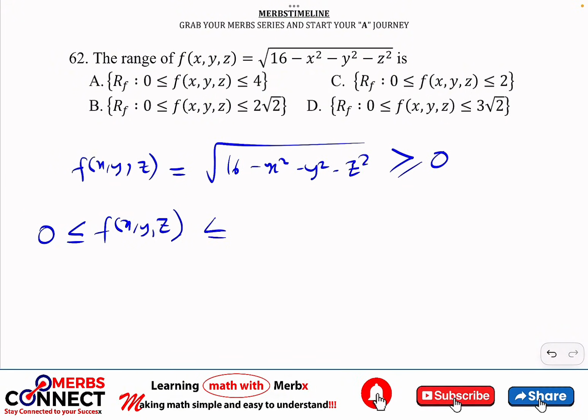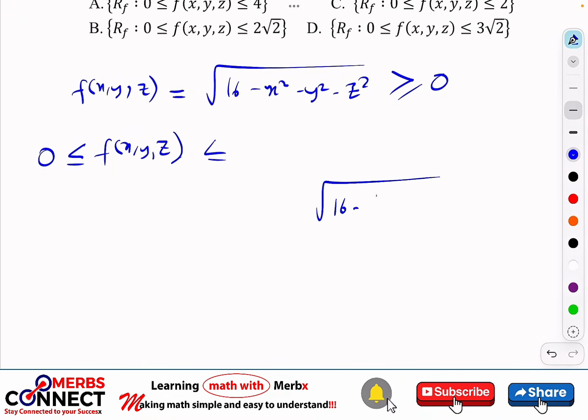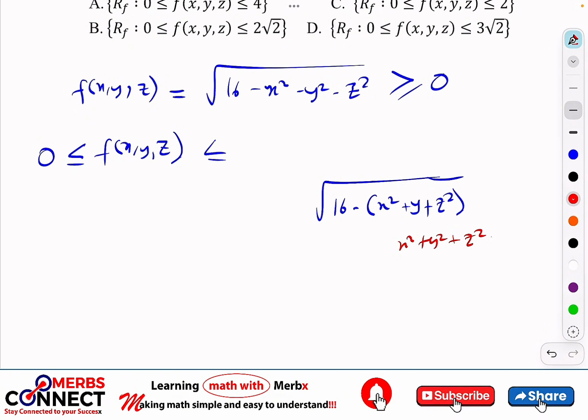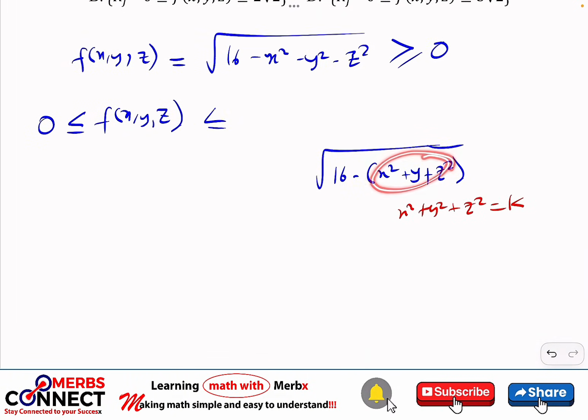Since we need the upper bound, I can write this as 16 minus x squared minus y squared minus z squared. Then I will let what is under the parentheses here, x squared plus y squared, be equal to k. So remember what is here, because we don't want it to be negative, what is here cannot exceed this.